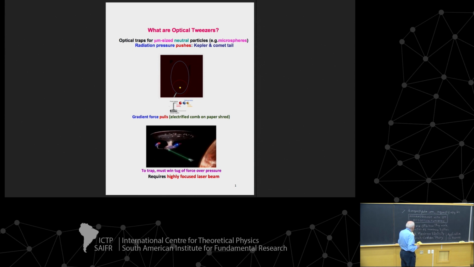Then, how you use them to extract from a cell membrane what are called membrane tethers. And this has important applications to determine the elastic parameters of the cell membrane.